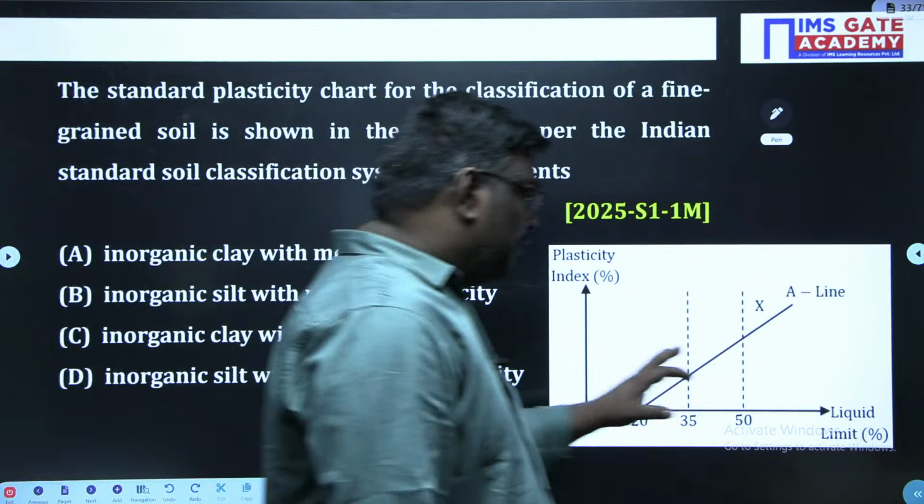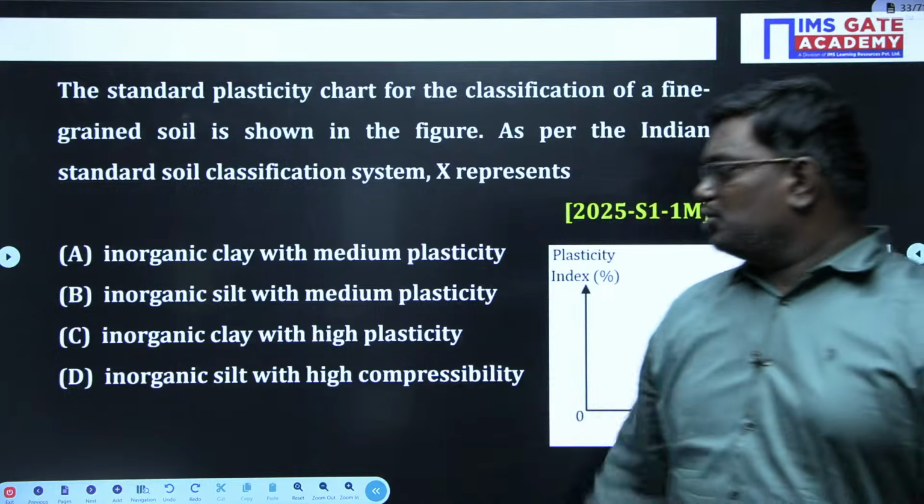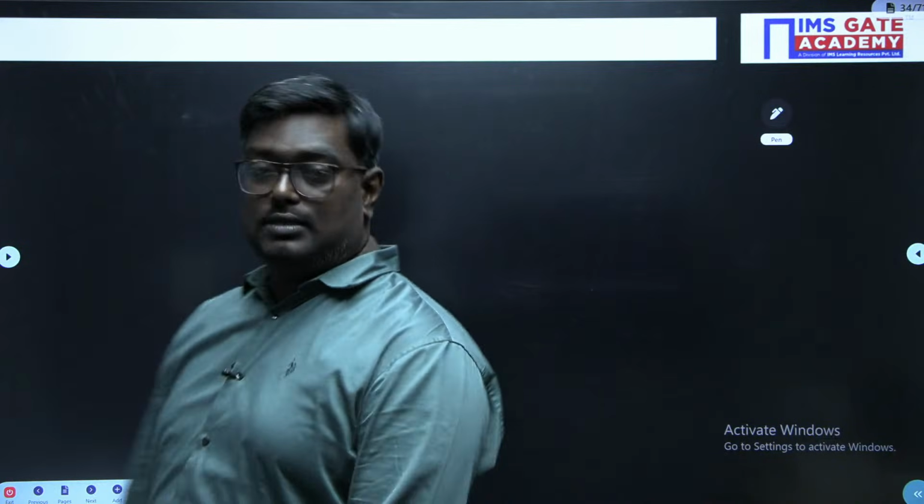Now, this is what we call the plasticity chart, sir. This is a question they have given you here. Let us discuss this plasticity chart.